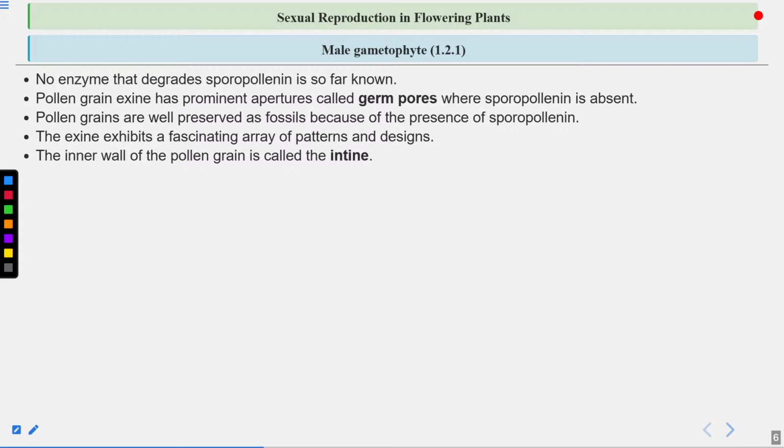And what material is it made up of? Can anyone tell me what material it is made up of? Because we have discussed this point earlier also. Only cellulose, Govind? Only cellulose or something else also?